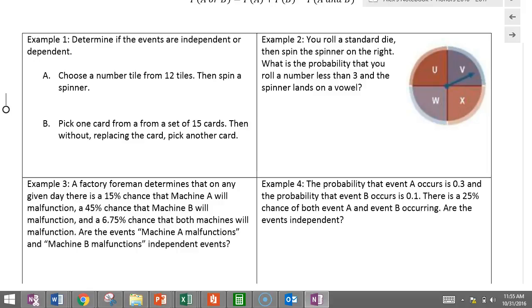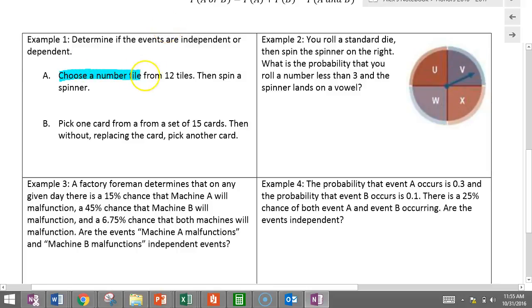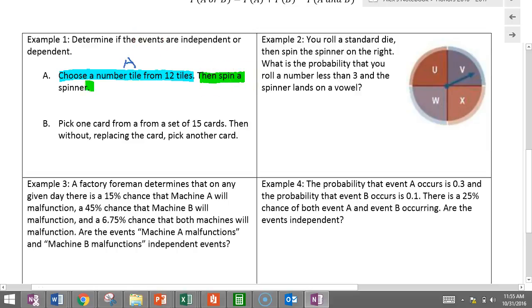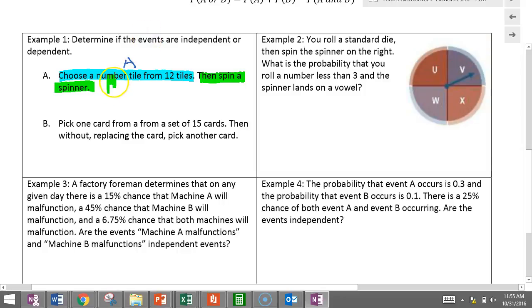Okay? So my event A is choosing a number tile from 12 tiles. My event B is spinning a spinner. So I want to say, okay, before I do anything with event A, how many options do I have for event B to happen?